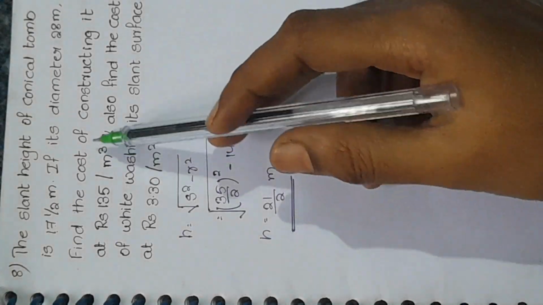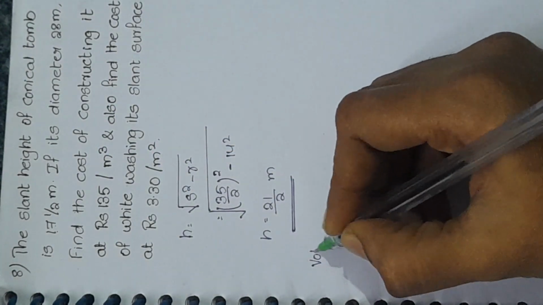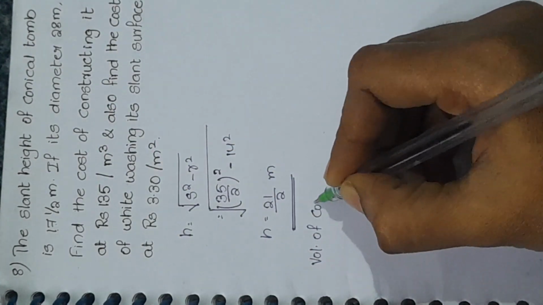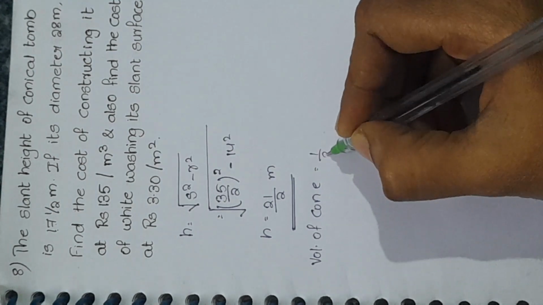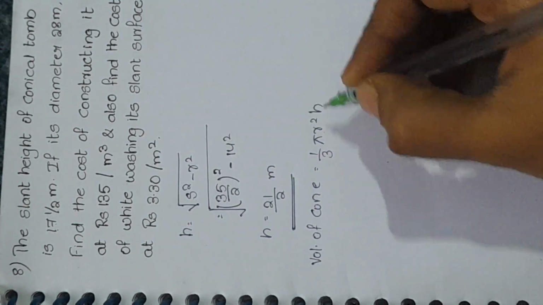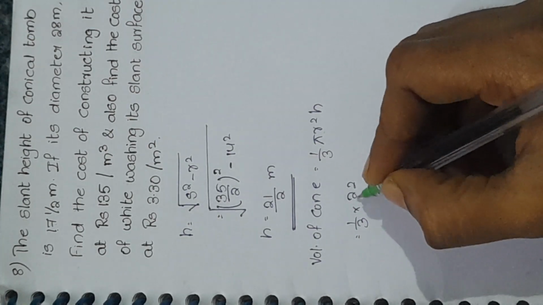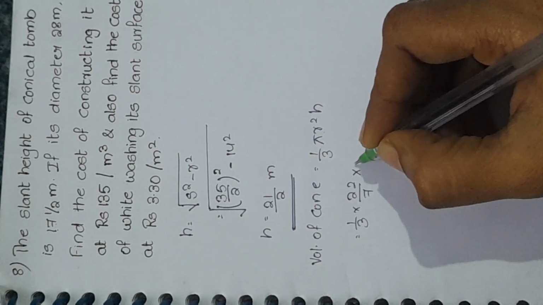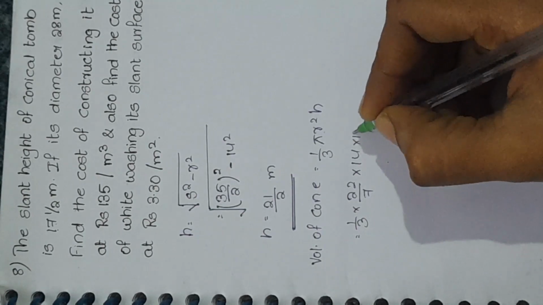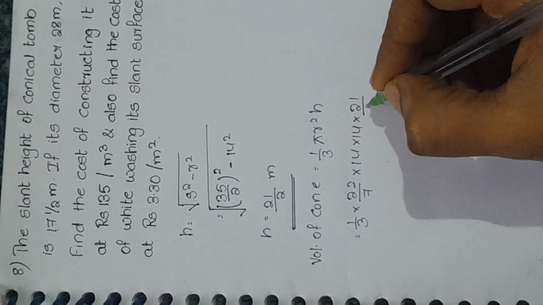In order to find out the cost of constructing, first we need to find the volume of the cone. Volume of the cone formula is 1 by 3 pi r square h. Now substituting the values, 1 by 3 into 22 by 7 into r value is 14. So 14 into 14 into h is 21 by 2.